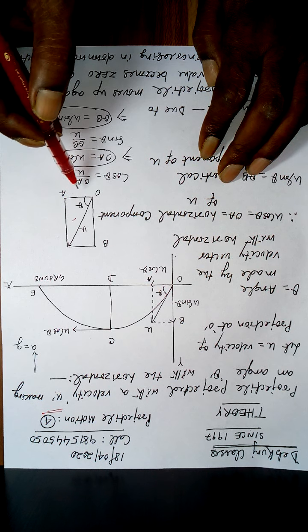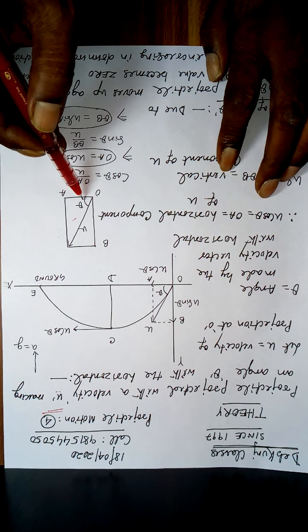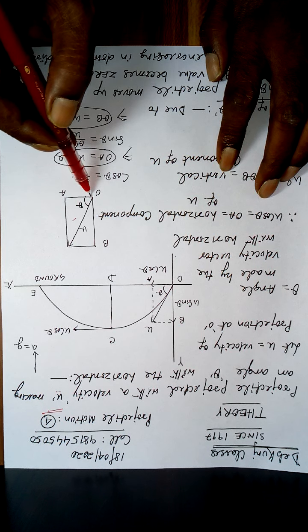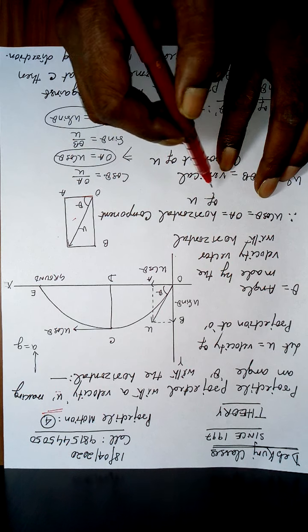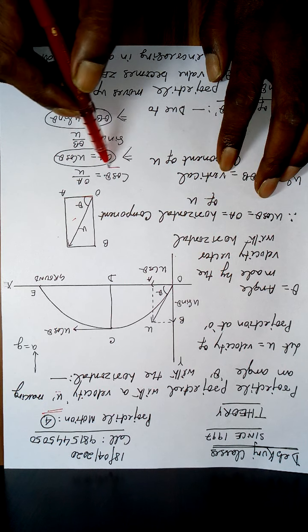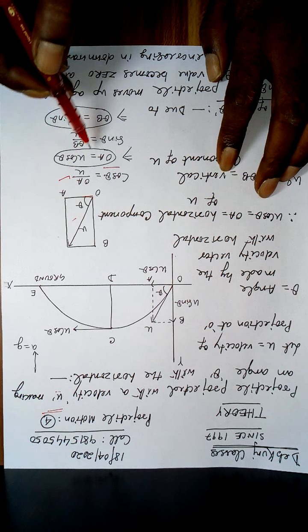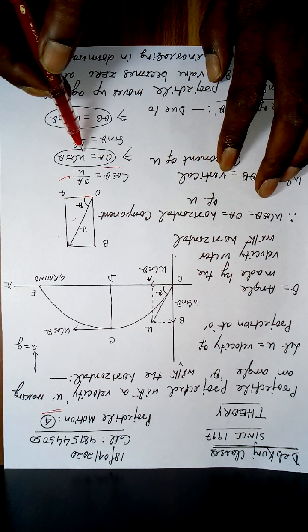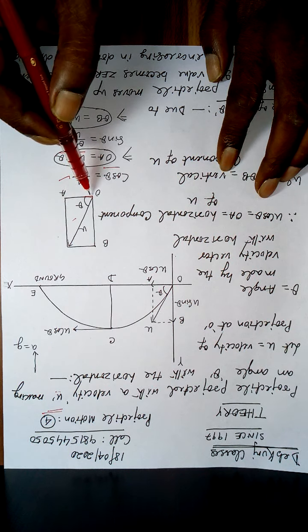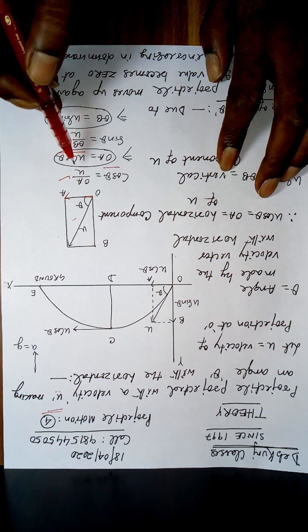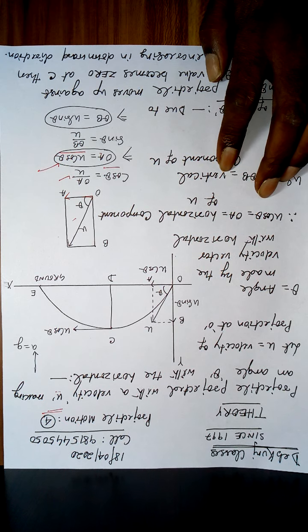So in this triangle, cos theta will be base over hypotenuse, that is OA over u. Cross multiplying, you get OA is equal to u cos theta. So if this velocity is u, this horizontal component OA is equal to u cos theta.